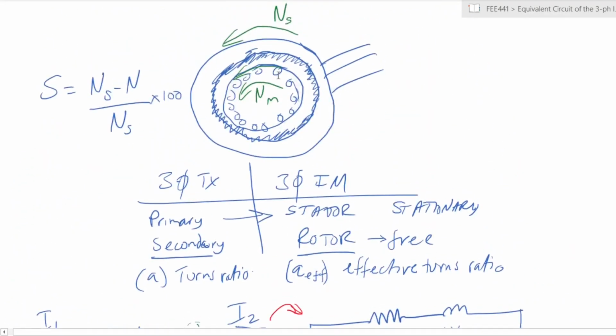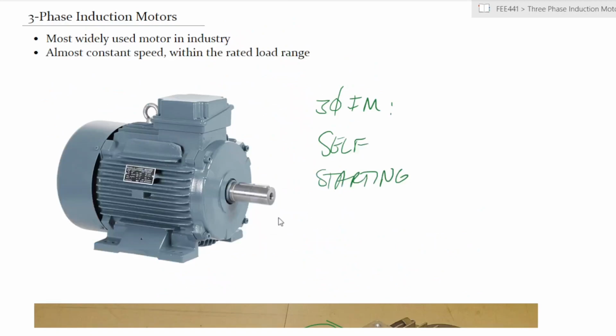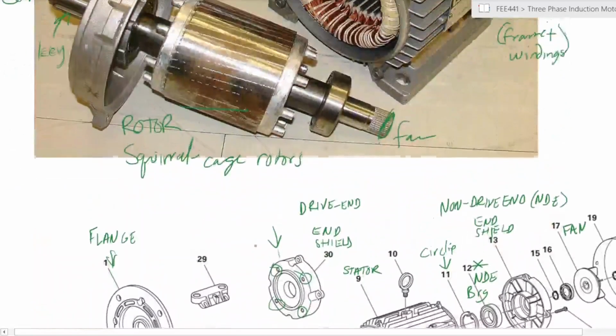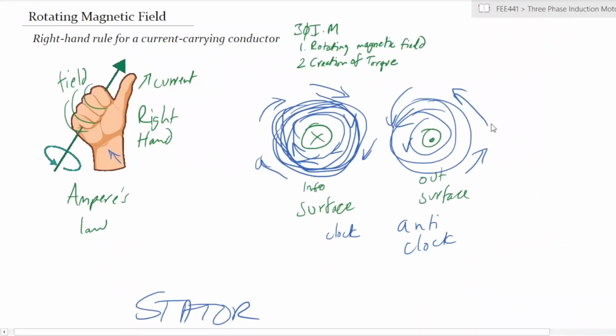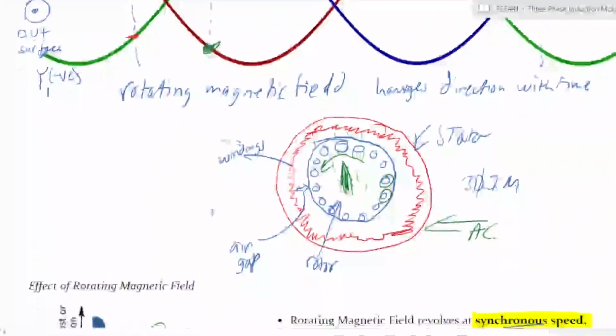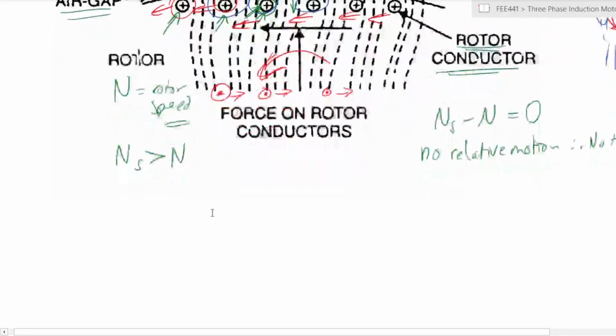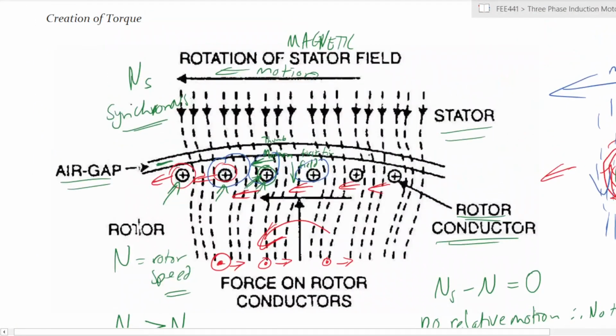However, remember that the frequency that is induced within these bars, which we showed here, yeah? So it's not here, sorry. The frequency was here, yeah? And we saw that for you to have this current being induced within the rotor, you must have the rotating magnetic field cutting across the rotor conductors.